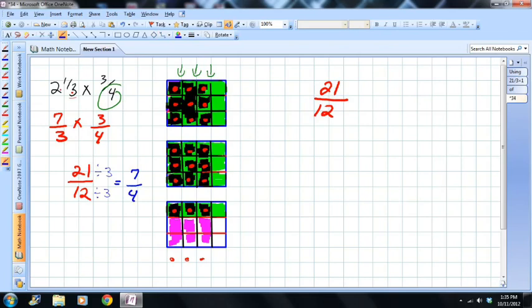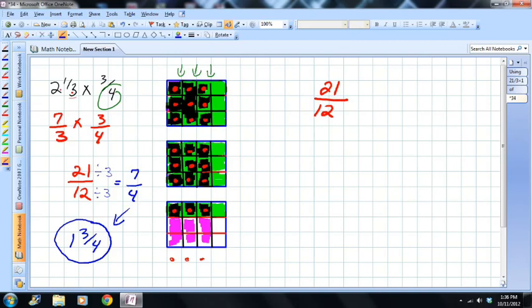Now, 7/4 as a mixed number is 1 3/4. So what I have in this model, I should be able to represent 1 3/4.